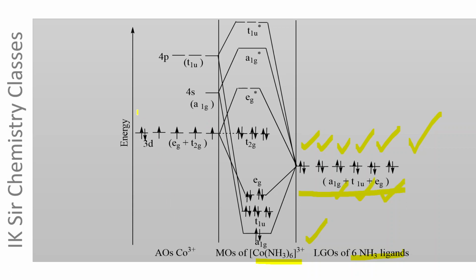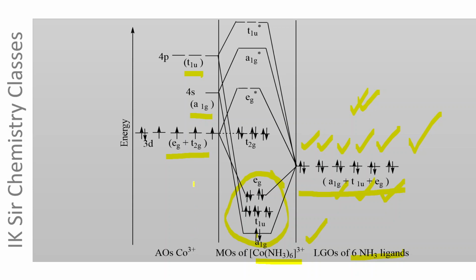And these are the atomic orbitals of the cobalt 3+ ion: 3d, 4s, 4p. 3d have symmetry eg and t2g, 4s has symmetry a1g and 4p has symmetry t1u. These 6 electron pairs of 6 NH3 ligands occupy the bonding MOs 1, 2, 3, 4, 5, and 6.